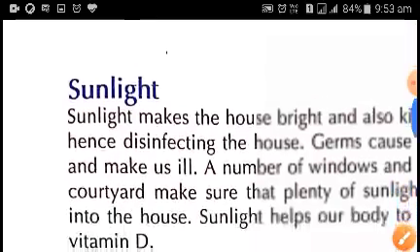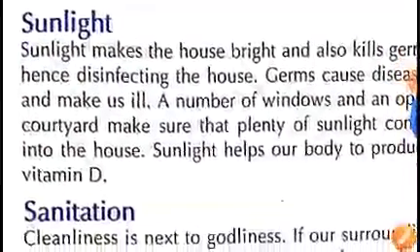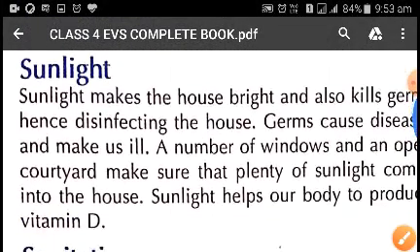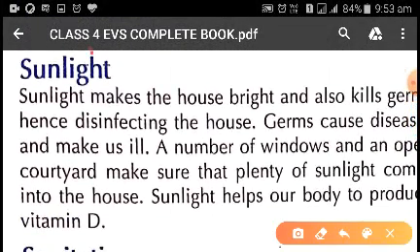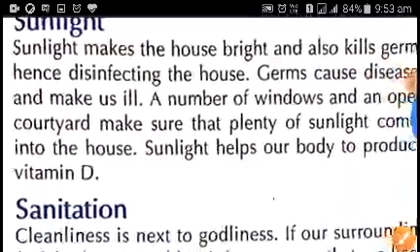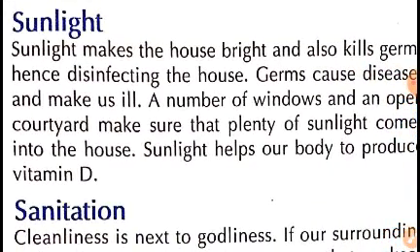Now children, our next topic for the revision is sunlight. It is another important issue for keeping the room fresh and germ free. Sunlight makes the house bright and also kills the germs, hence disinfecting the house.